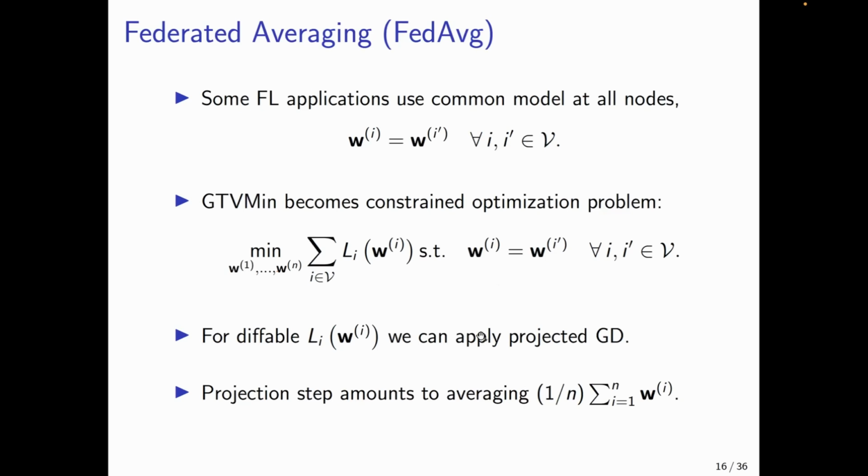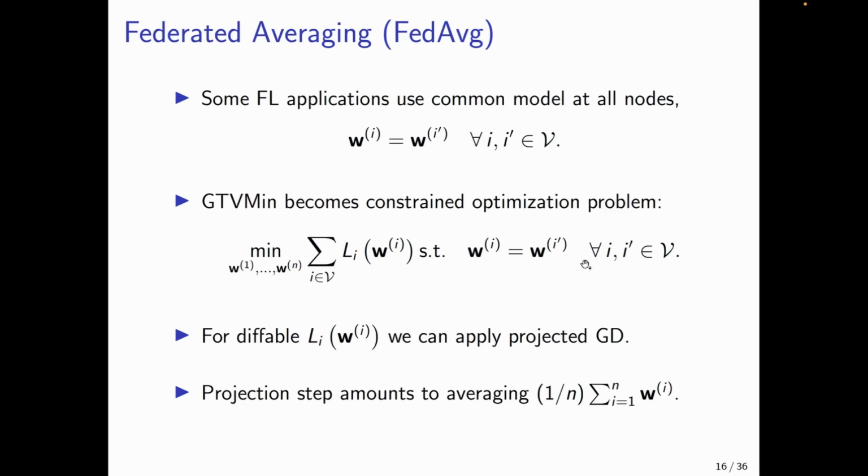And there is a nice variant of gradient descent for such constrained optimization problems, which is called projected gradient descent. It basically computes a gradient step for this optimization problem and then projects into the set of allowed local model parameters.